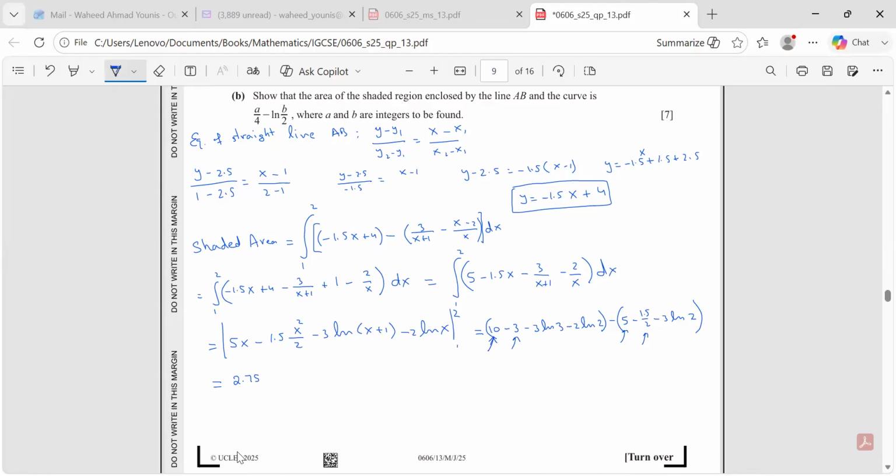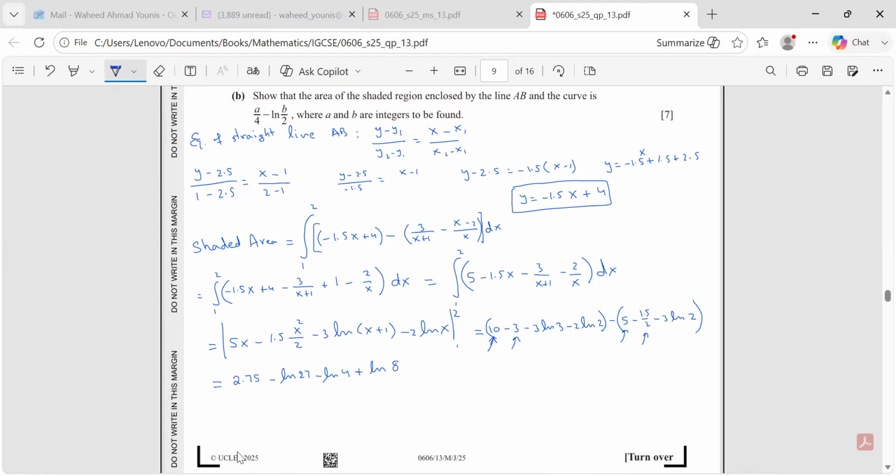Then I have minus 3 log 3, which will become log of 3 to the power 3, which is 27. Next will become negative log of 2 to the power 2, which is 4. And the last item is negative negative plus, and it will become log of 2 to the power 3, which is 8.